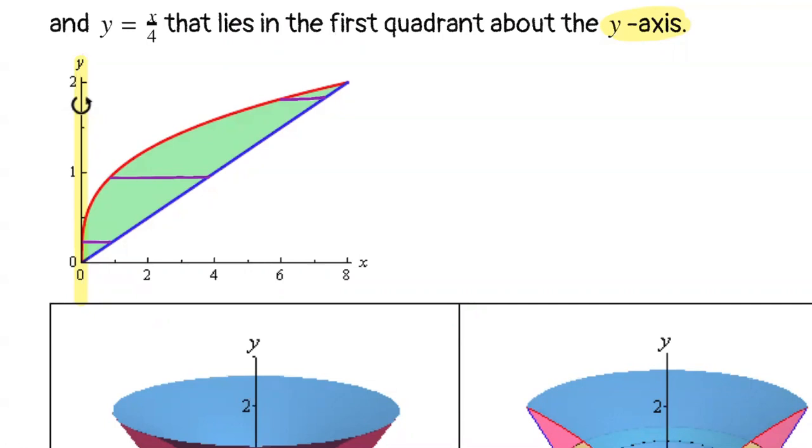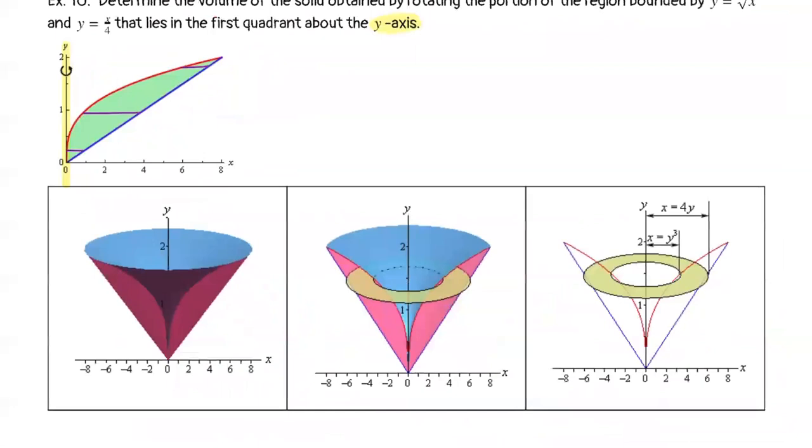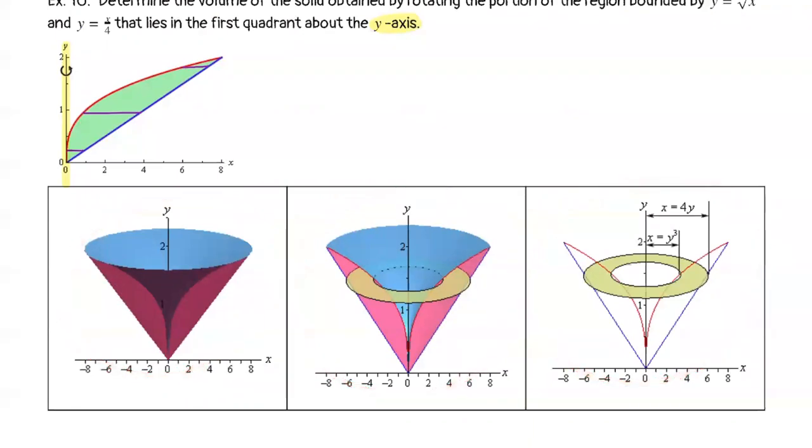Okay. And so to help us out with this first one that is like that, I've got those three-dimensional pictures right here. Okay. And we can tell that this time we kind of have a funnel, except part of that funnel has been scooped out of the inside.